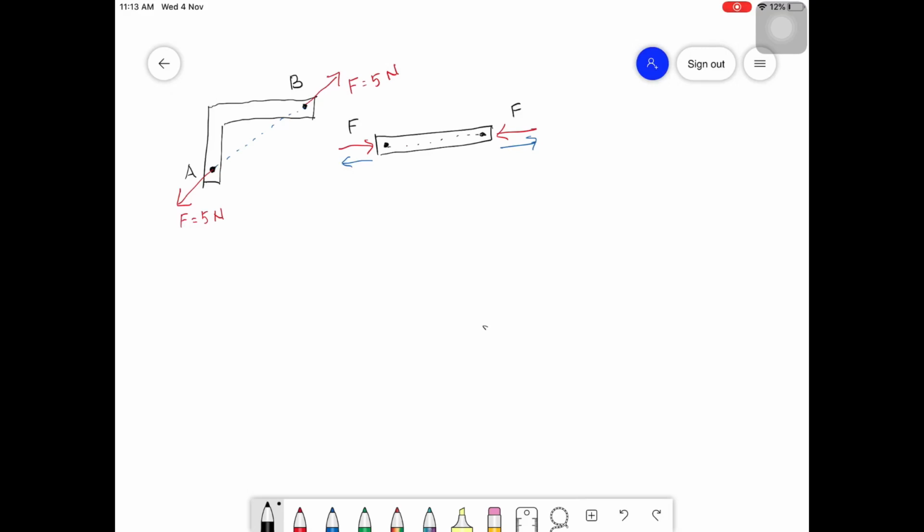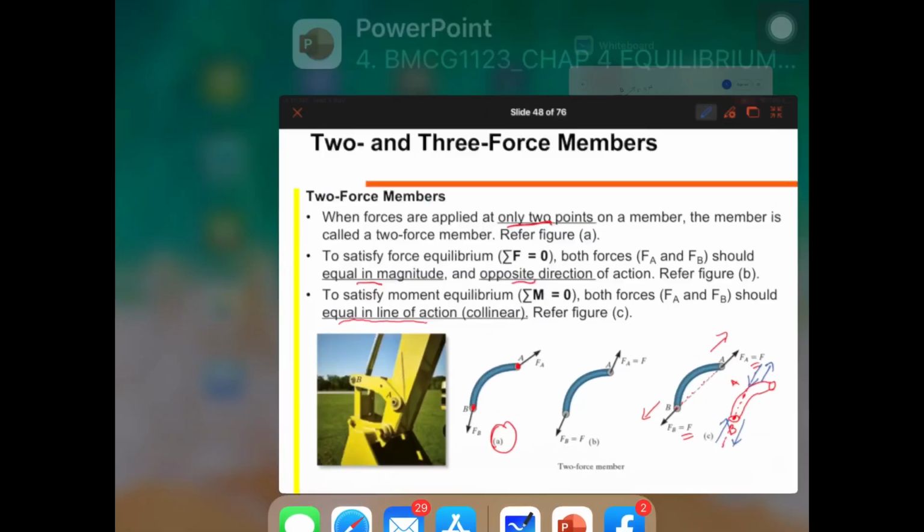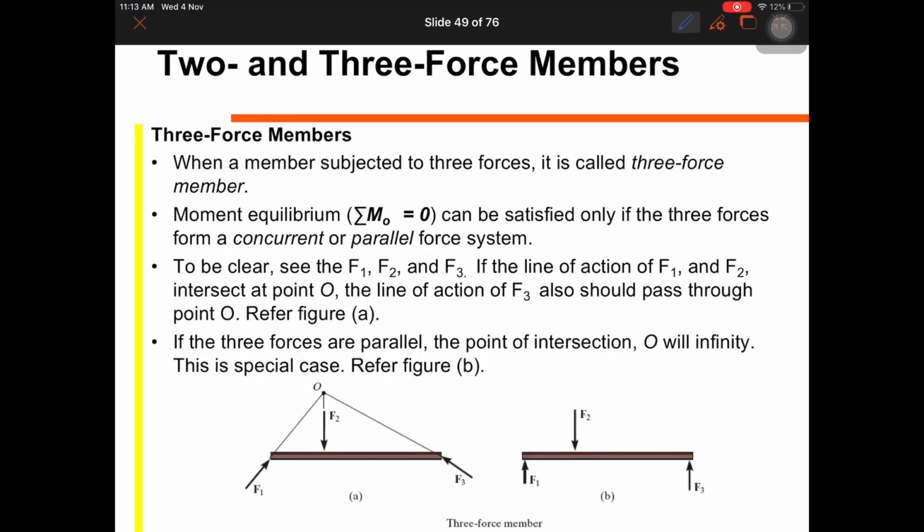Alright, that is a two force member. If you have different directions, it is wrong. It's not a two force member. It's not in equilibrium. So this one is in equilibrium.